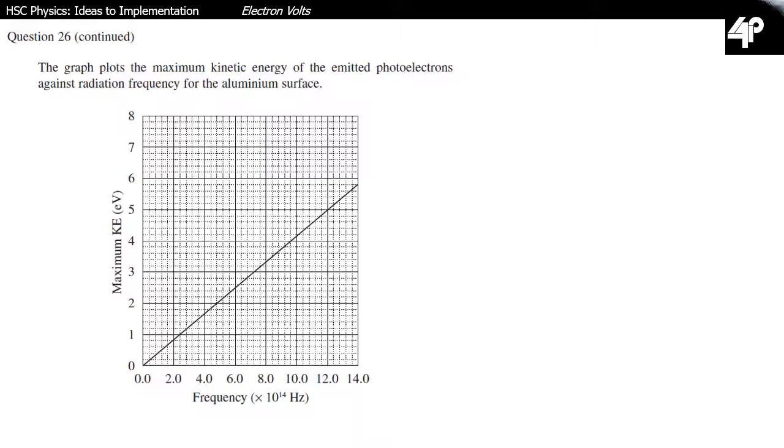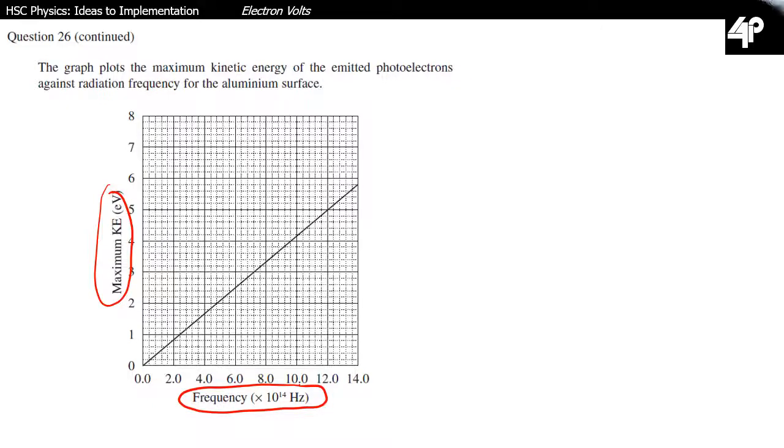Now the graph is the tricky part, and if you don't understand what the graph is saying or how to interpret it, you're really not going to go much further with this question. What you will notice first is that it is a graph of kinetic energy of photoelectrons ejected from the surface of a metal against frequency.